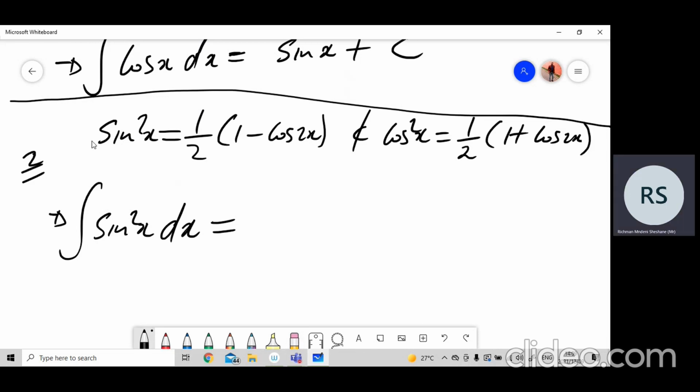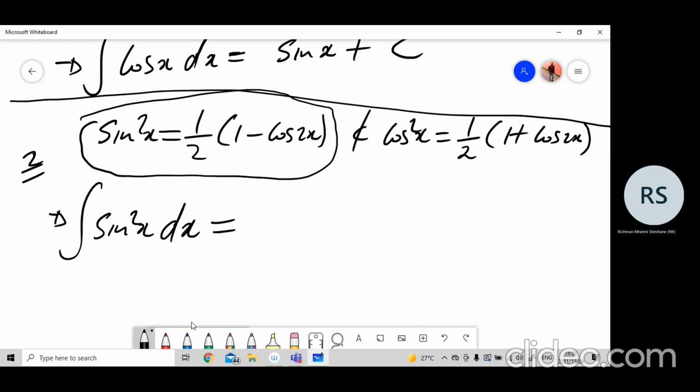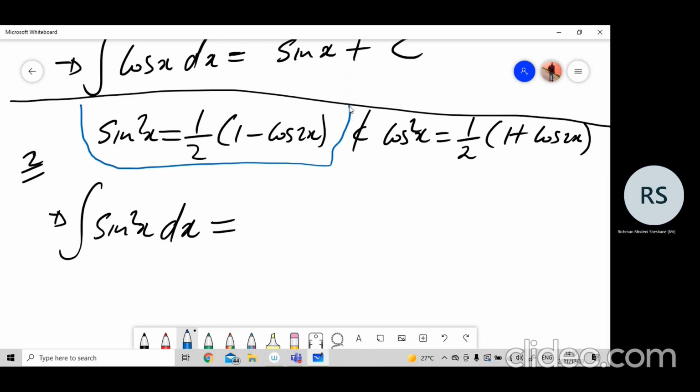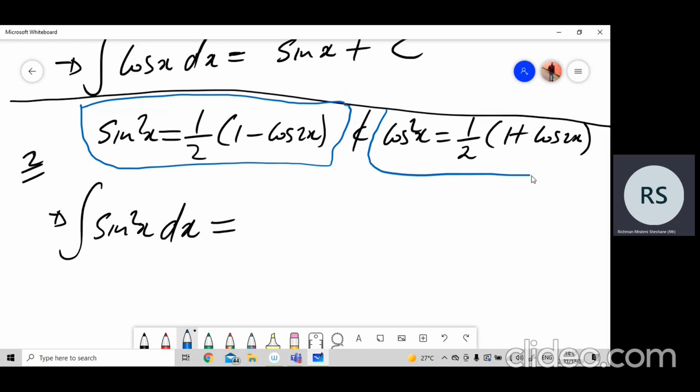We use these two formulas. Those identities will be given to you during the test.